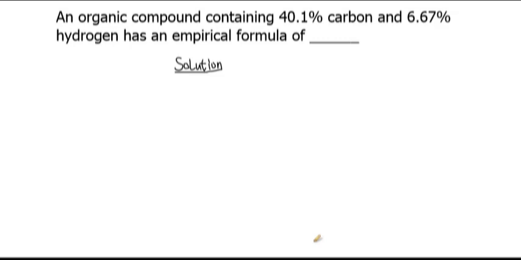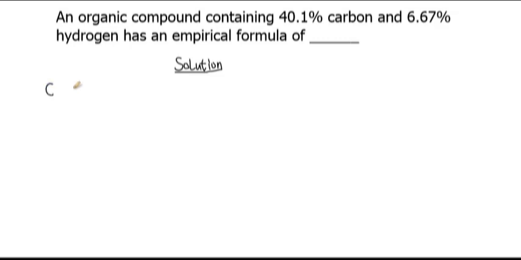We've been given the composition of carbon, we've been given the composition of hydrogen, but we do not know that of oxygen. So the first thing we'll do is to calculate the amount of oxygen present in the compound as well. First let's note the amount of the elements present.